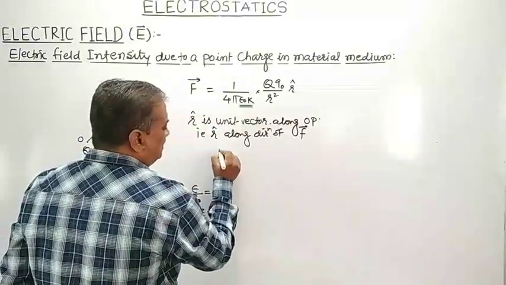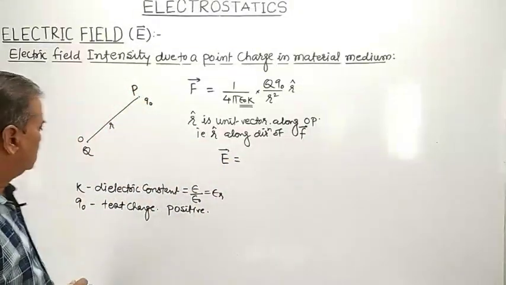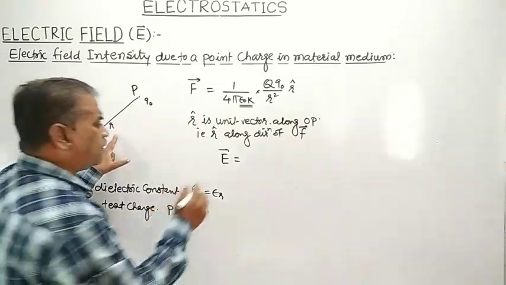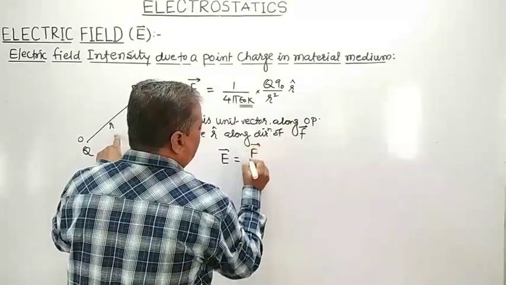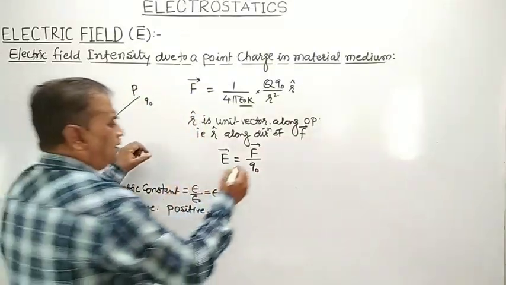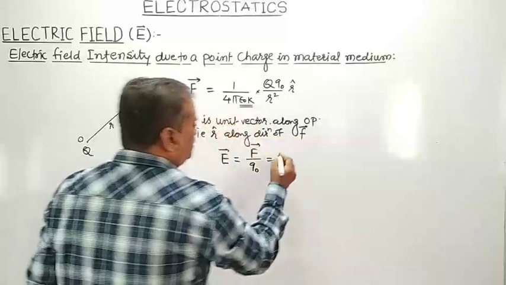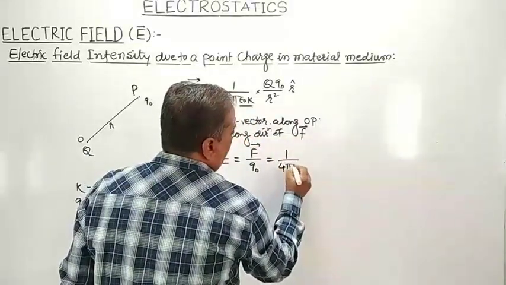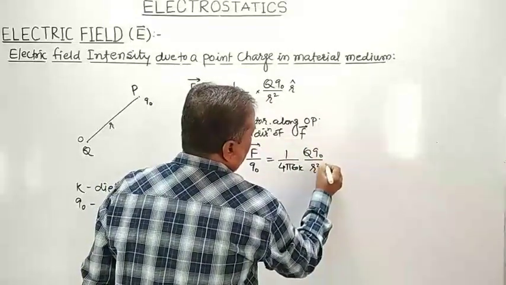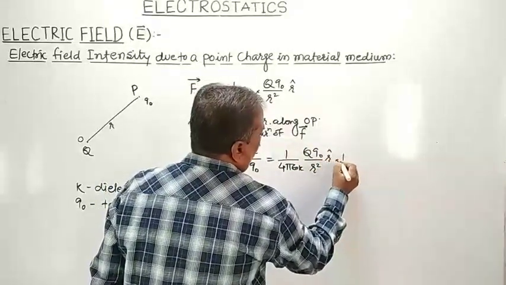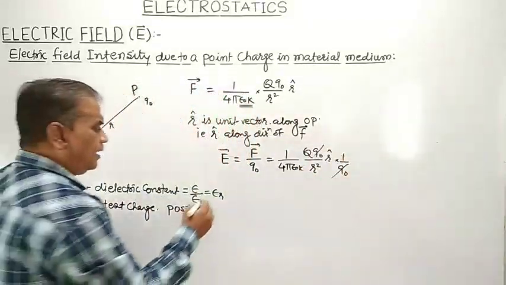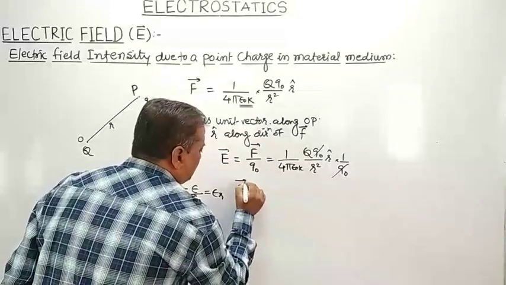Electric intensity due to charge q at a distance r from it is E equal to F divided by q0, or we know the Coulombian force 1 upon 4 pi epsilon 0 K q q0 divided by r square into r cap into 1 upon q0. So this test charge gets cancelled.